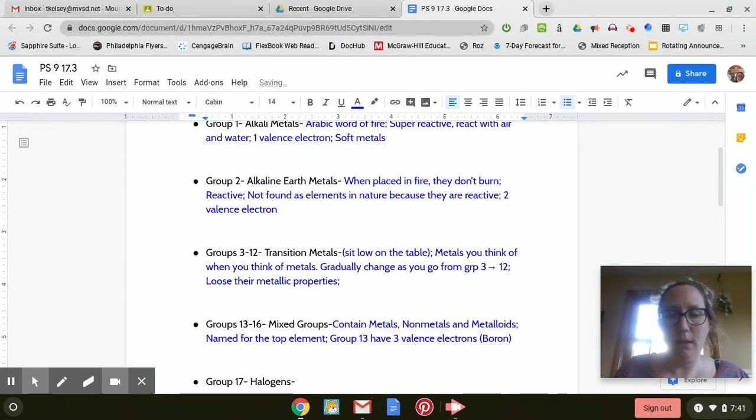Okay. Group 14 is called the carbon group. It has 4 valence electrons. Group 15 is the nitrogen group.